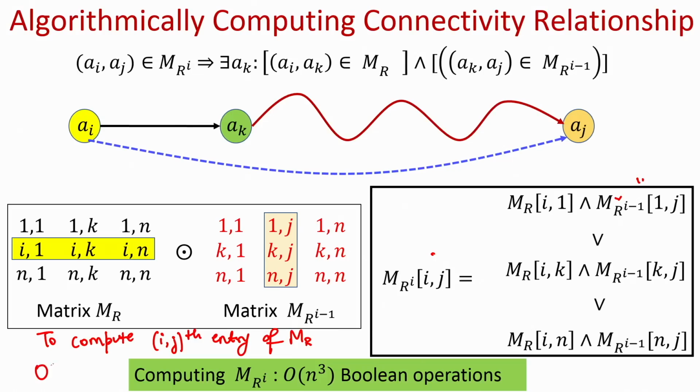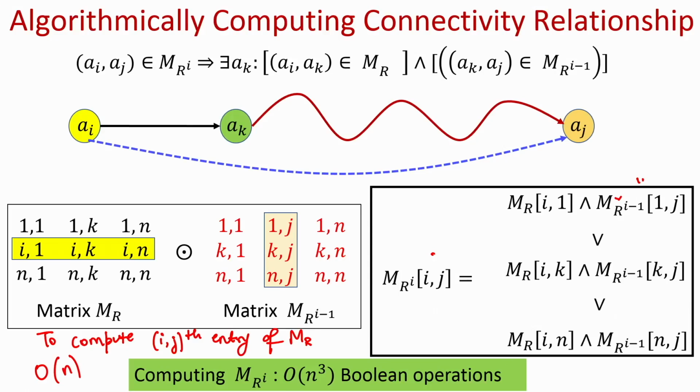you need to perform order of n Boolean operations, because you will be performing the dot product of two vectors of size n, which will take order of n effort. And how many such (i,j) entries do I need to compute in the matrix of R power i? There are n square entries.